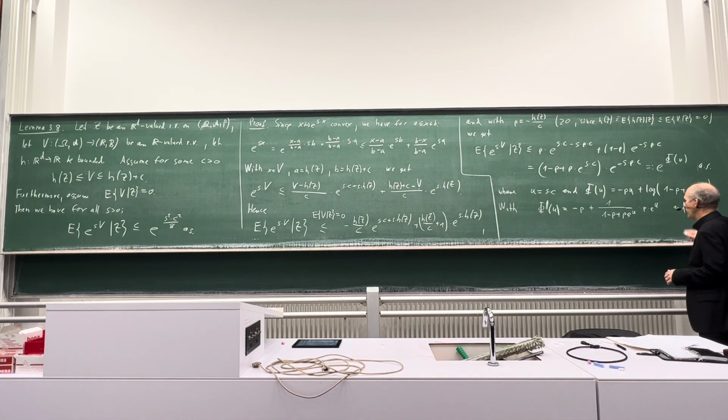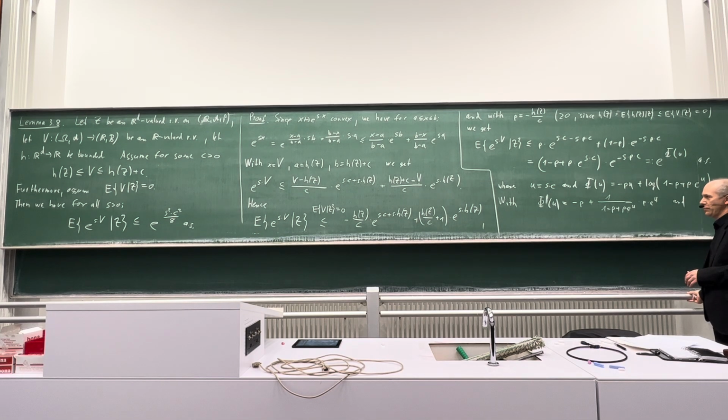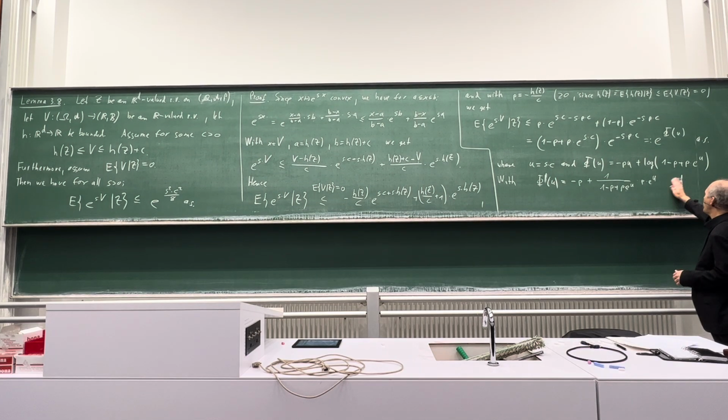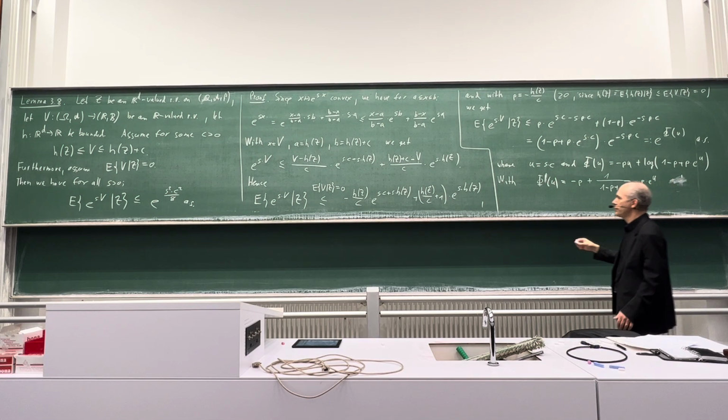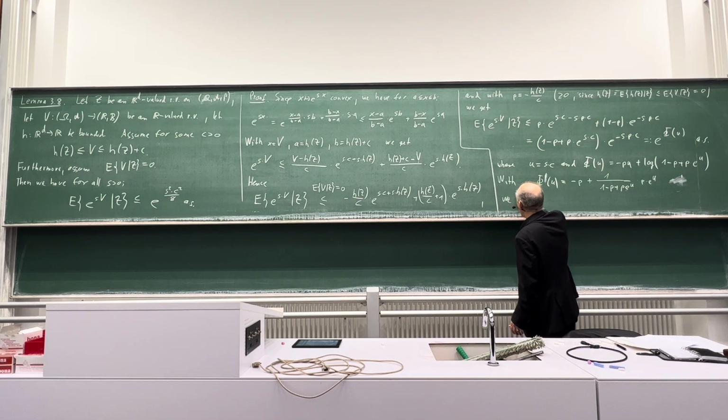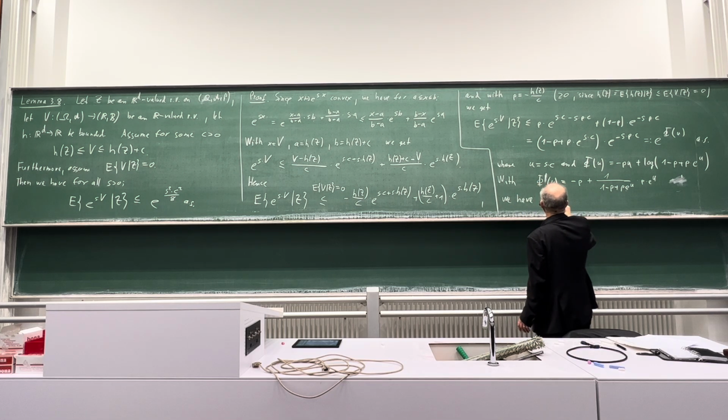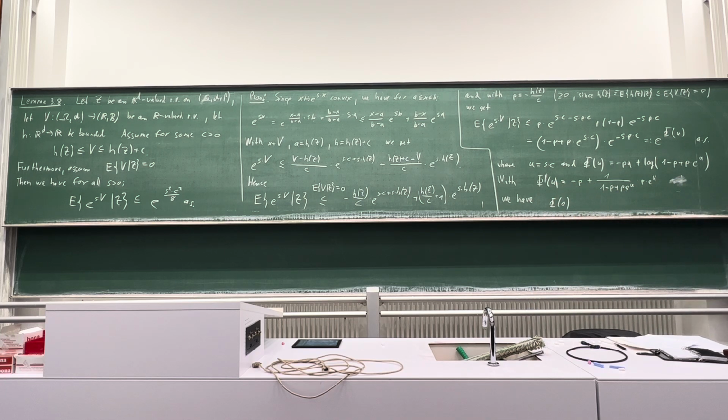Now we look at the second derivative. Or maybe first we look at what is phi value at 0? It's 0, because you get a 0 here, and you get here a minus p plus p, so it's just a logarithm of 1, which is 0.